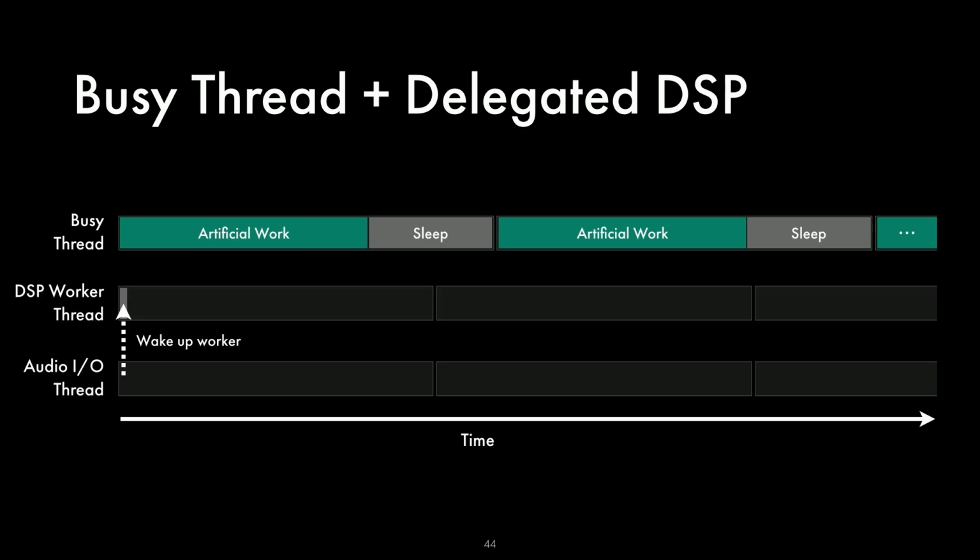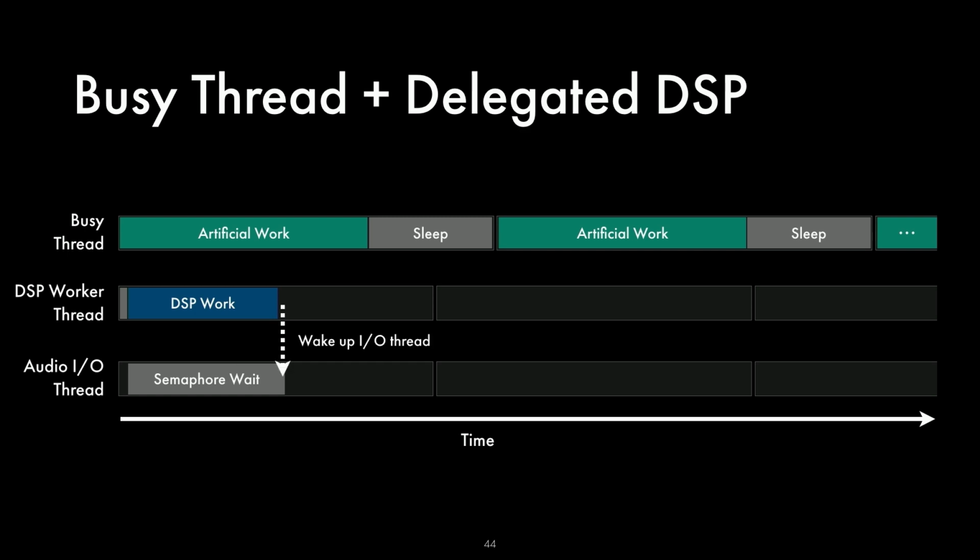Graphically, at the beginning of an I/O callback, we're going to wake up a worker thread. Then there's going to be a block of DSP work. While that work is happening, the audio I/O thread is going to block in a semaphore, waiting for it to complete. Then the worker thread is going to notify it, I've finished my work, and we'll then return to the OS. And then the worker thread is going to wait on its own semaphore for the next activation.